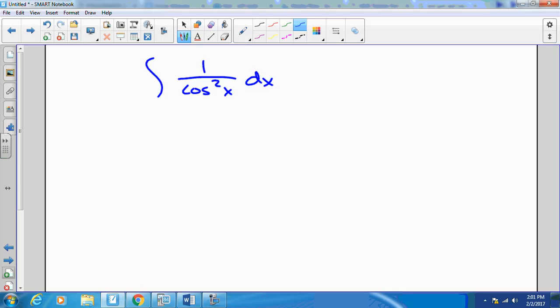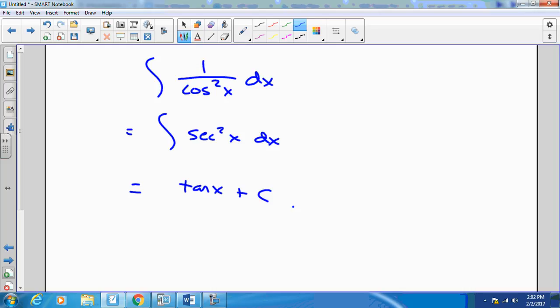Oh yes, 1 over cosine is secant, so 1 over cosine squared x is secant squared x. And now I recognize this. What is the function whose derivative is secant squared x? Tangent x, of course, plus c. Ta-da. So a little bit of algebra and trigonometric identities make it happen.